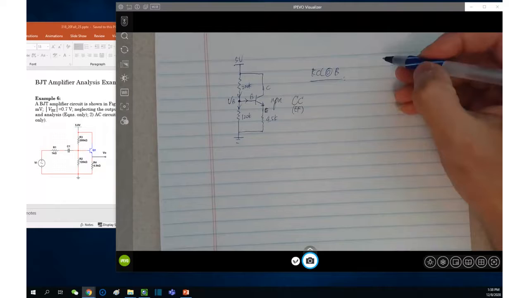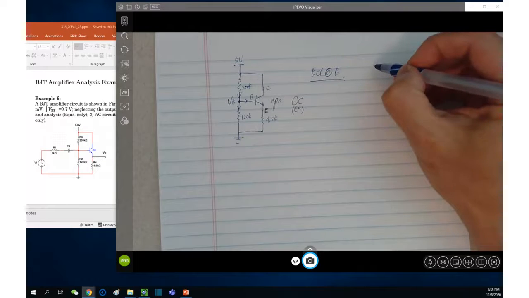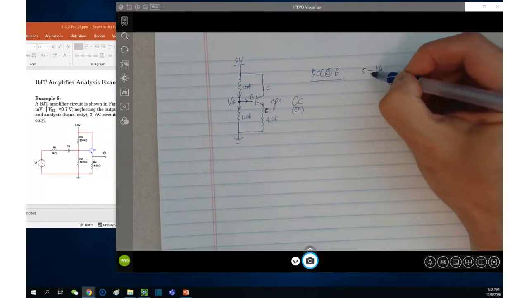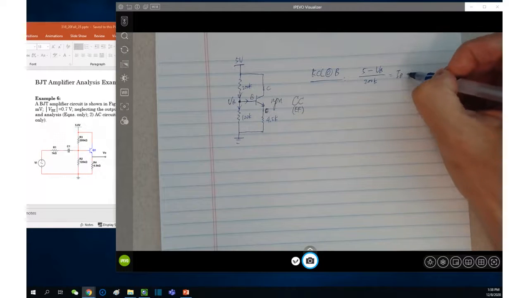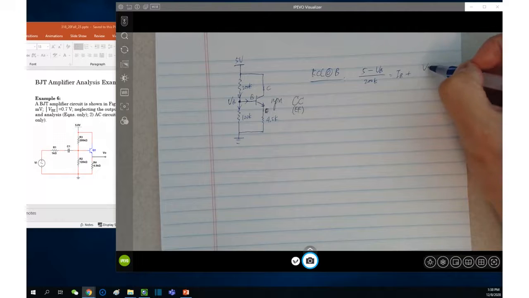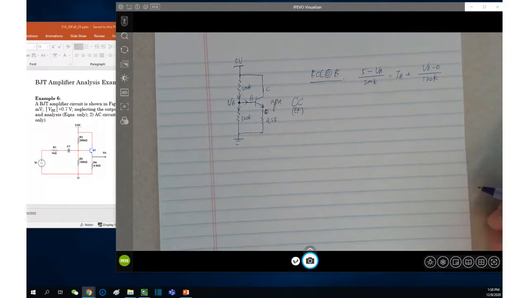So the KCL at its base then actually is 5 minus VB divided by 200K equals IB plus VB minus 0 divided by 120K. This is not something difficult.